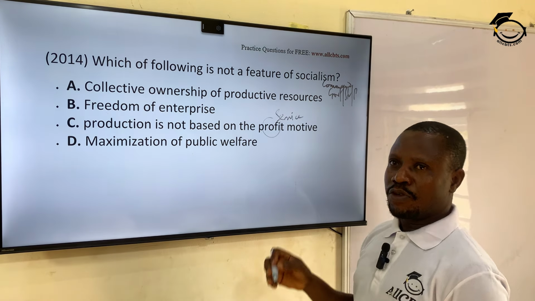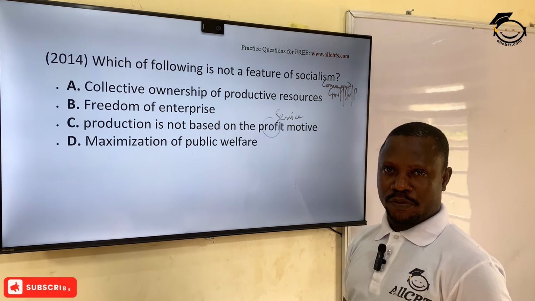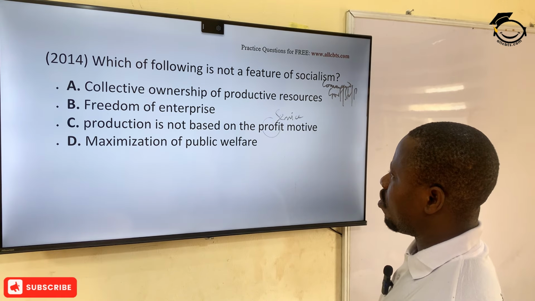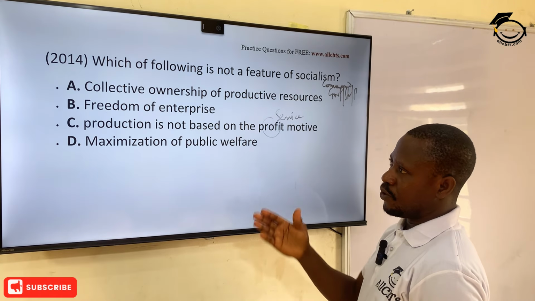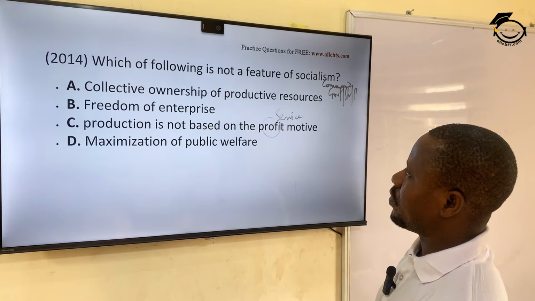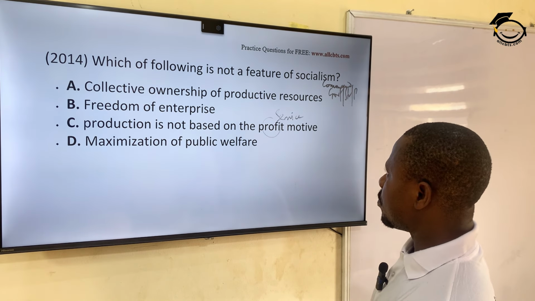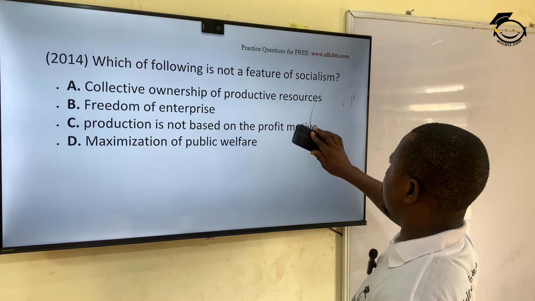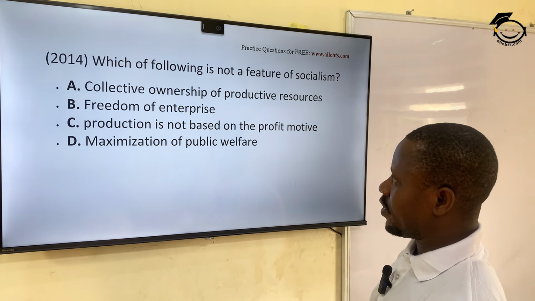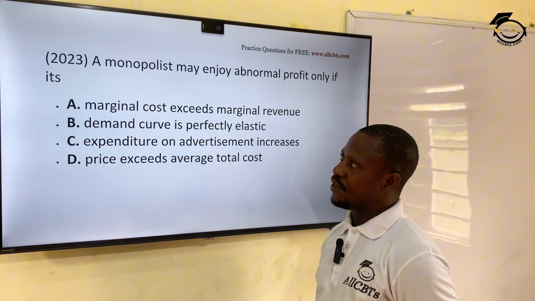Government motive is to provide services to the people, welfare services, okay, to the people. Maximization of public welfare, okay? So C and D are synonymous in a sense. So the correct answer to this question is option B. Option B is only applicable to capitalist economy. Laissez-faire, free enterprise. Okay? Let's see the next question.